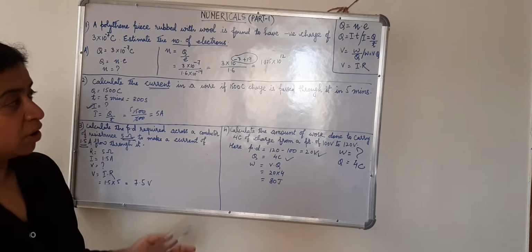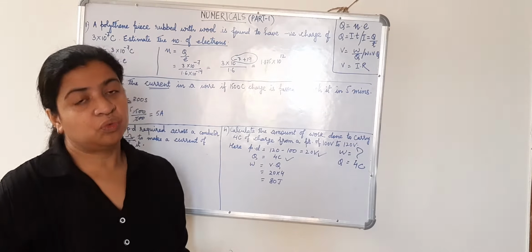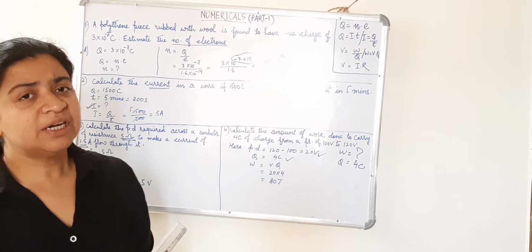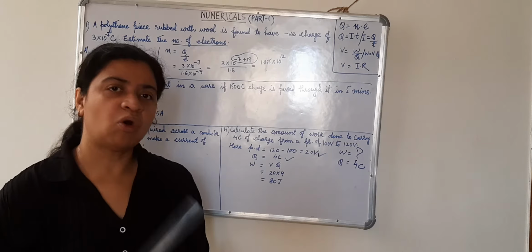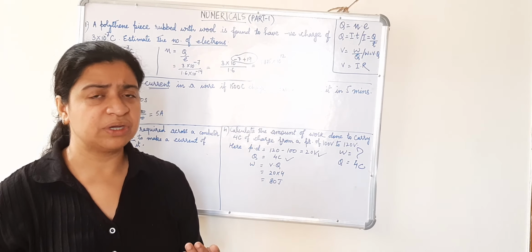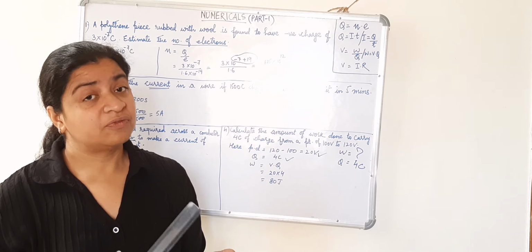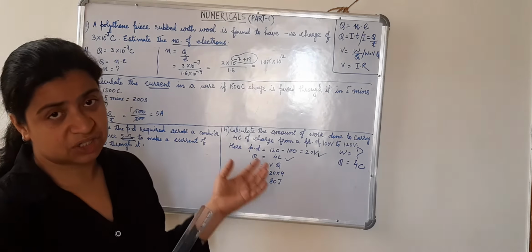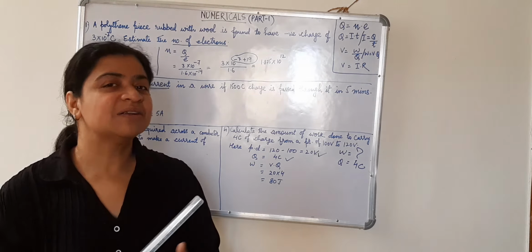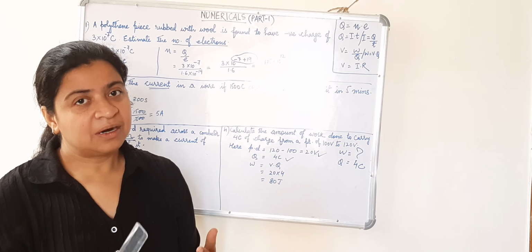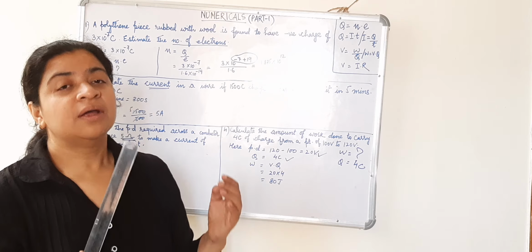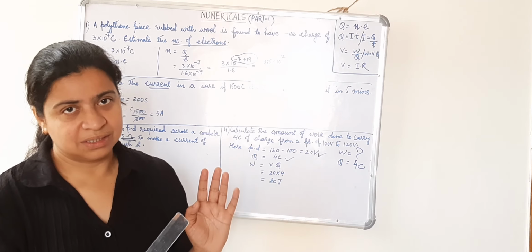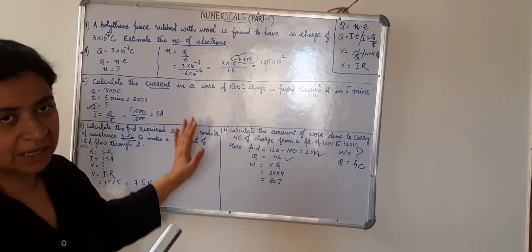These are quite important equations if you want to do the numericals, because from this chapter, generally you will get either a derivation or hardly one question of theory, and definitely 1 or 2 numericals, because in magnetism there is no numerical. From the electricity part, whenever you get a question in the board, mainly it will be a derivation or numericals. So this is our first part of our numerical series.